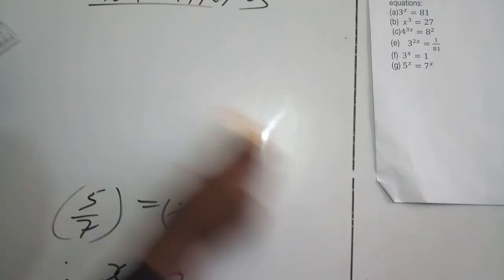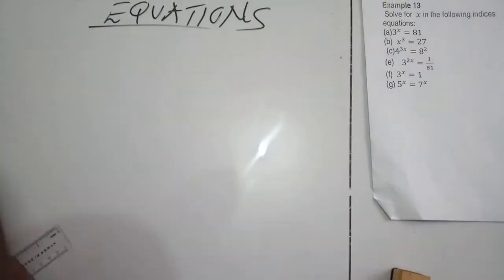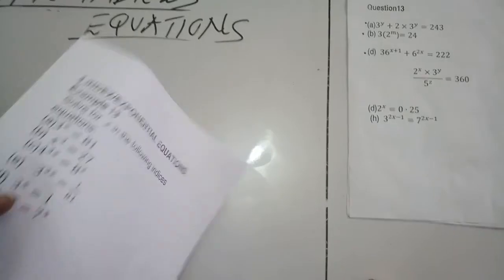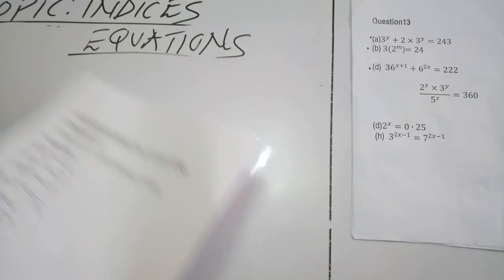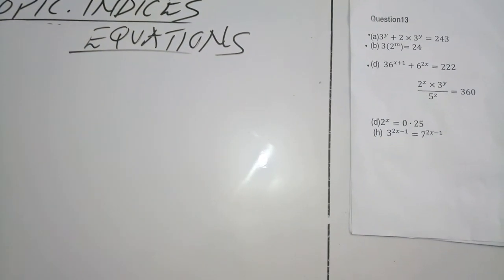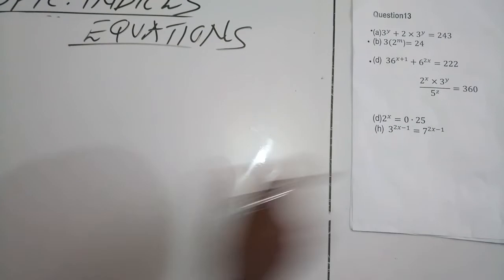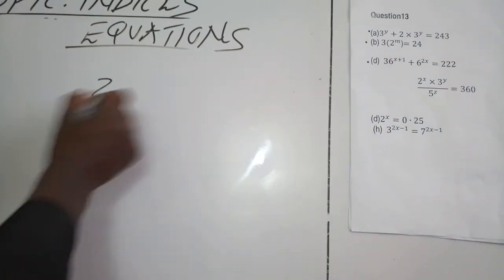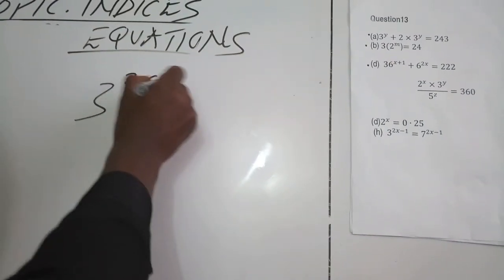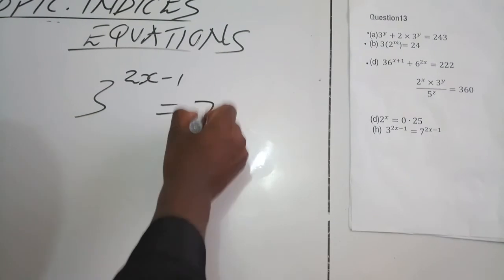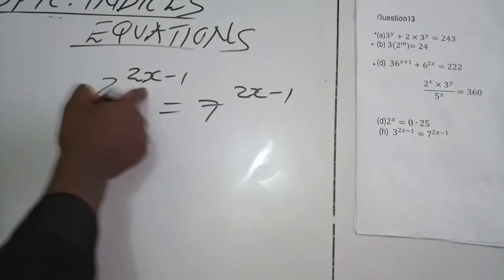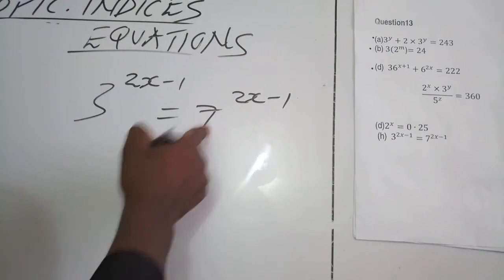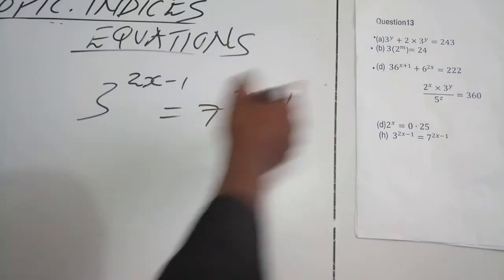Just maybe some work for you to attempt at home. But remember, this is the last lesson, so most likely we won't have to go through the question again. We have this question for you to attempt. Solve for x, given the equation 3 power 2x minus 1 is equal to 7 power 2x minus 1.